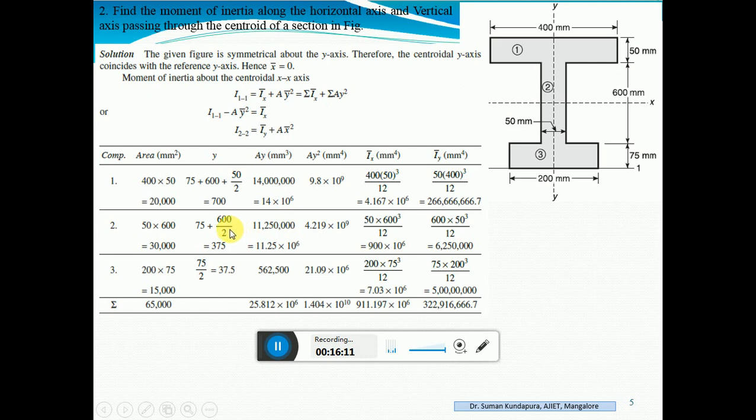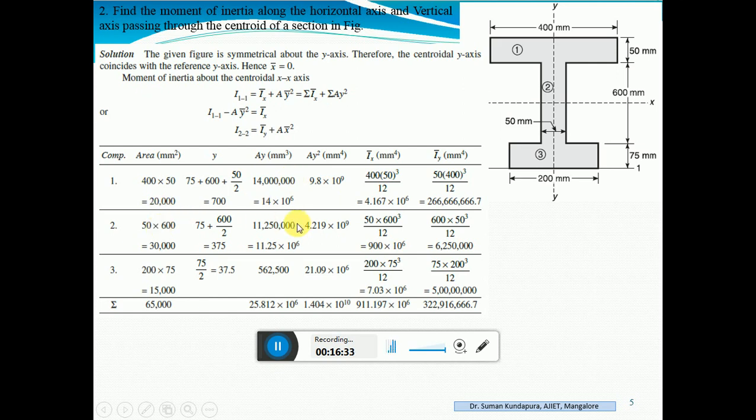Next one is this rectangle whose centroid will lie somewhere here at the midpoint of the depth, 75 by 2. Now calculate area into y, and ay square.